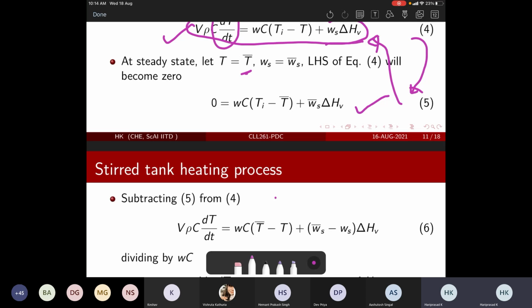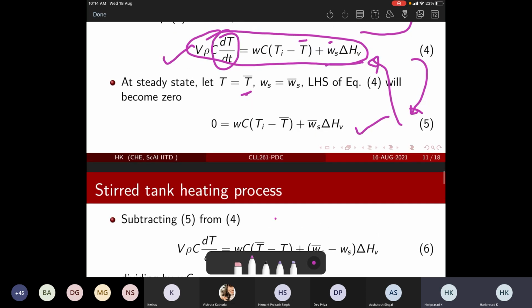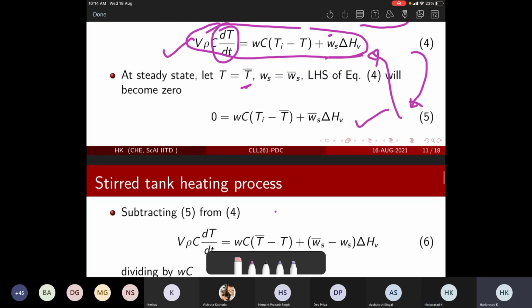That would eventually leave what? On the left hand side there won't be any change because 0 is 0. When we do the subtraction, the term Ti would cancel out. It would be T bar minus T. Similarly, it would be W bar S minus Ws.